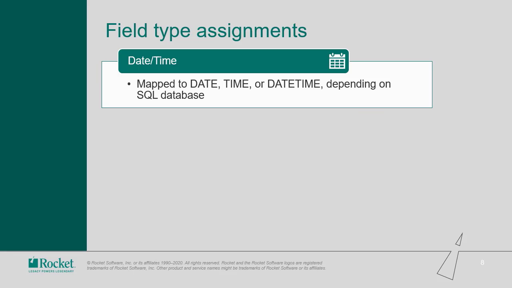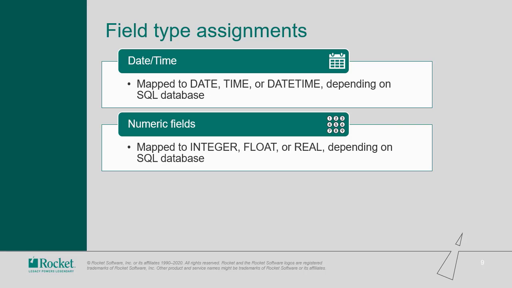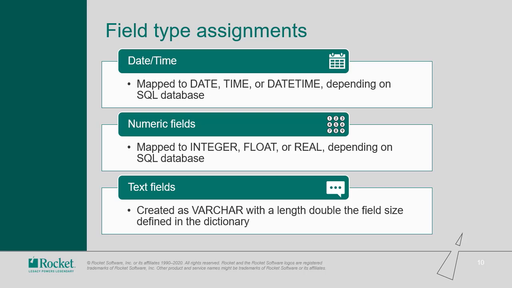So some examples, if we have a date or a time field in the U2 database, it would be mapped to a date or a time or a date time field in SQL, depending on the SQL database. They all have their own little approaches for that. If you have a numeric field, it will be mapped to an integer, a float, or a real, again, depending on the SQL database that you're going to be working with.